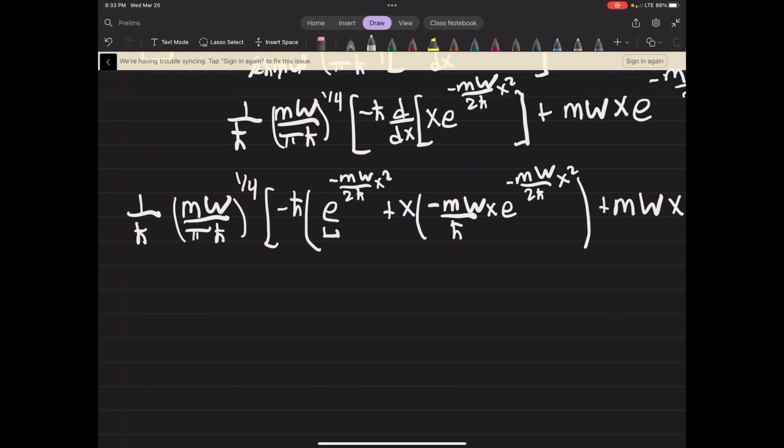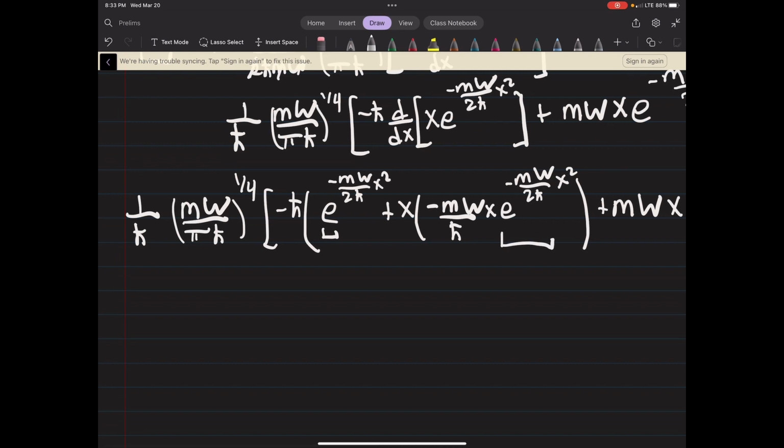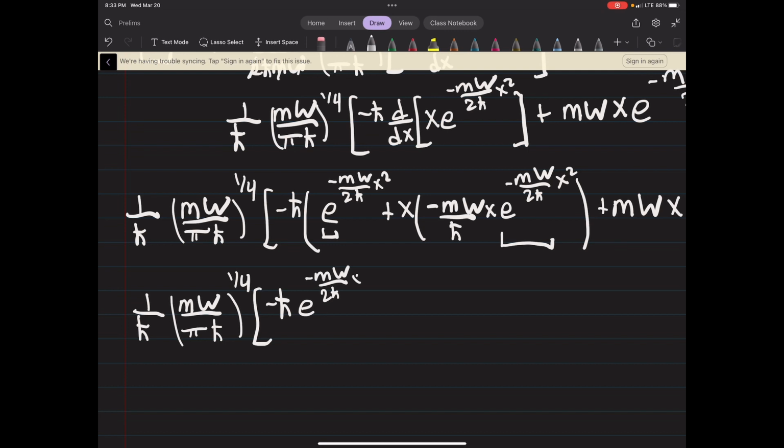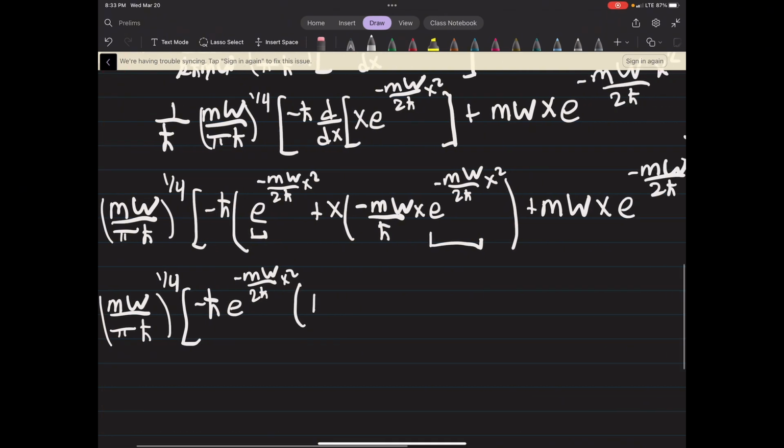Both terms have this e term that can be factored out. So let's go ahead and do that. That'll be left with 1 minus x m omega over h bar.